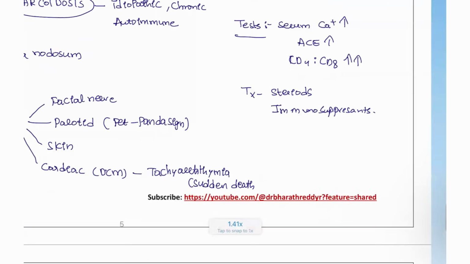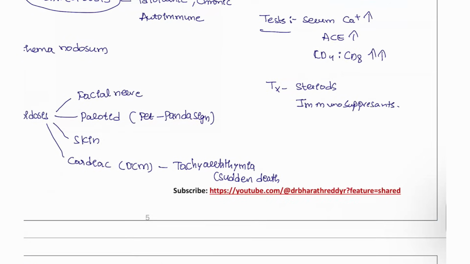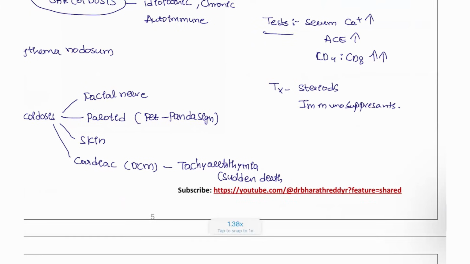And also monoclonal antibodies can be given for this patient. The most common cause of death will obviously be respiratory failure. Okay, this is the one thing that you have to remember.